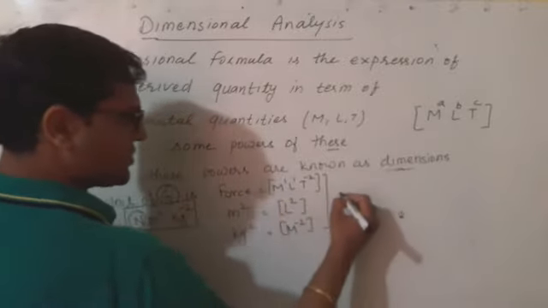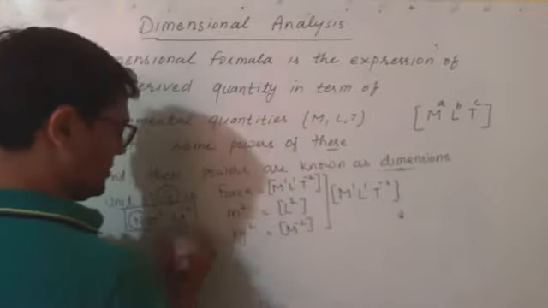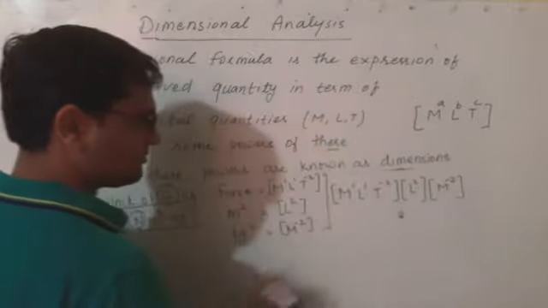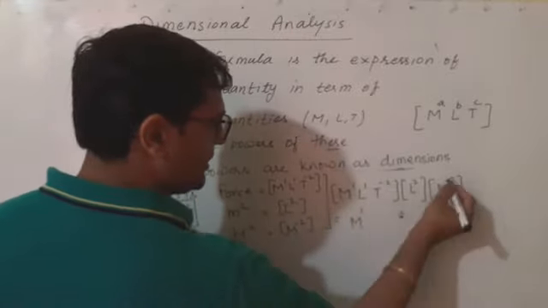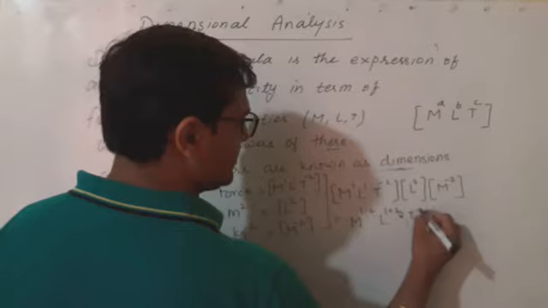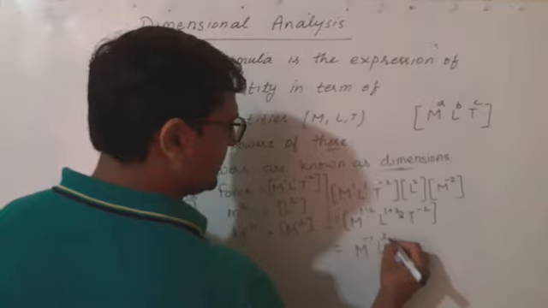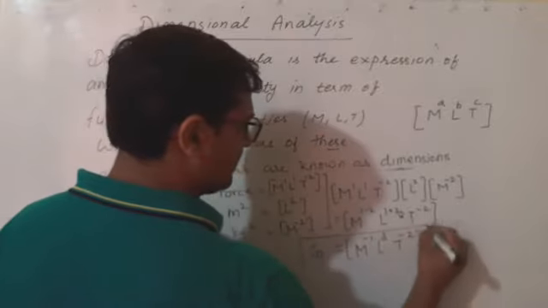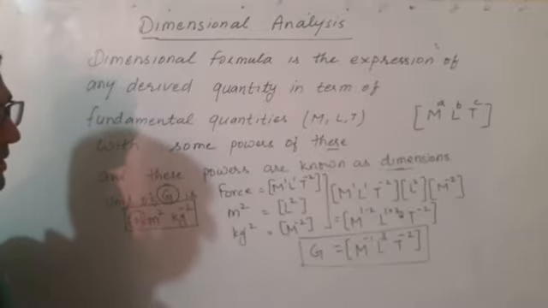Then if I combine these three, M1 L1 T minus 2 into L2 into M minus 2, so for M the total power is 1 and minus 2, L power 1 plus 2 and T minus 2. So overall I'll get M power minus 1, L power 3, T power minus 2. So this is the dimensional formula for the universal constant G. Fine.